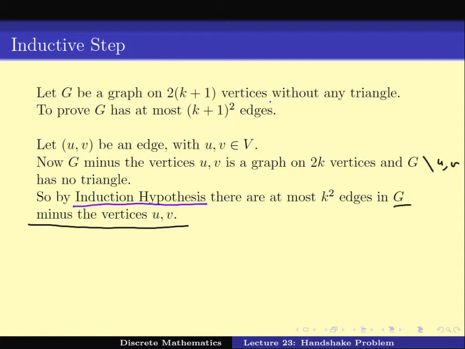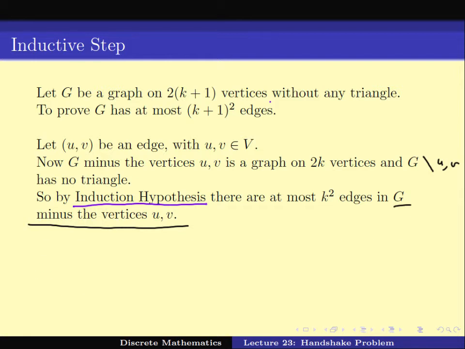I start with G, remove two vertices to get a smaller graph, and in the smaller graph I see that the smaller graph has the same property, in the sense that it is a graph on a smaller number of vertices and it has no triangle. So we can then apply the induction hypothesis to claim that G minus V, U does not have more than k square edges.